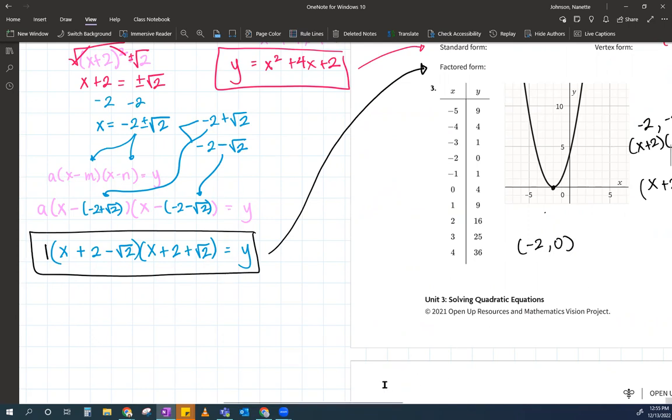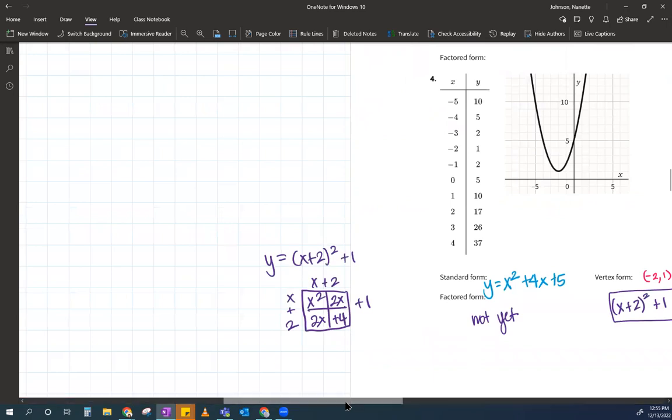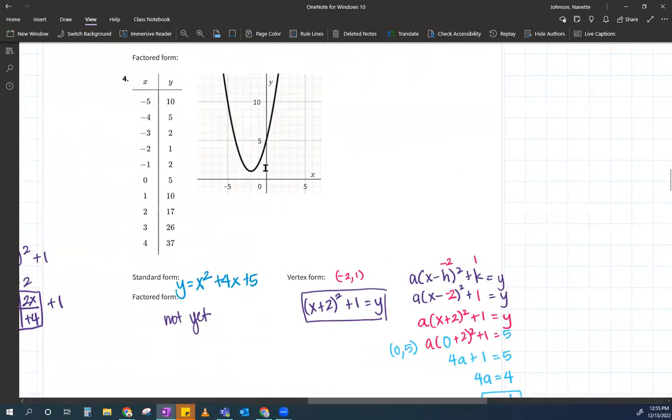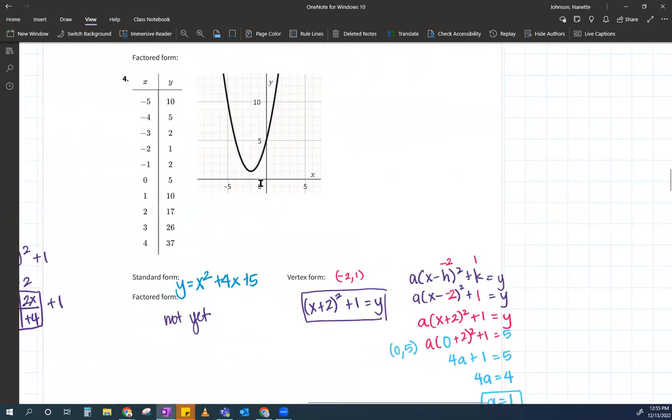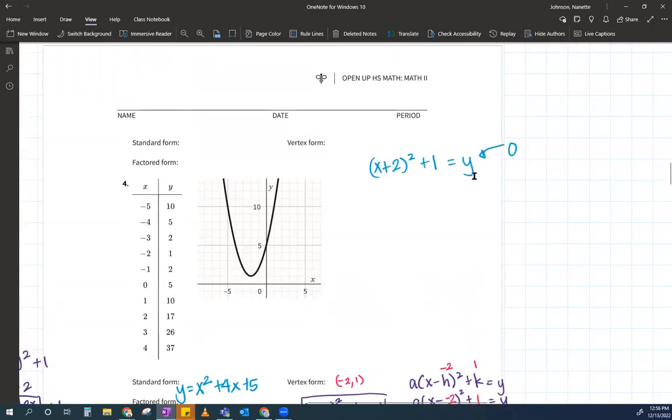Okay, so here's actually why. What we're essentially doing is solving this for equals 0, because when we say x-intercept, we mean y equals 0. So I'm going to take this equation over here and write x plus 2 squared plus 1 equals y, but I want this to be 0 because I want to find the x-intercepts.